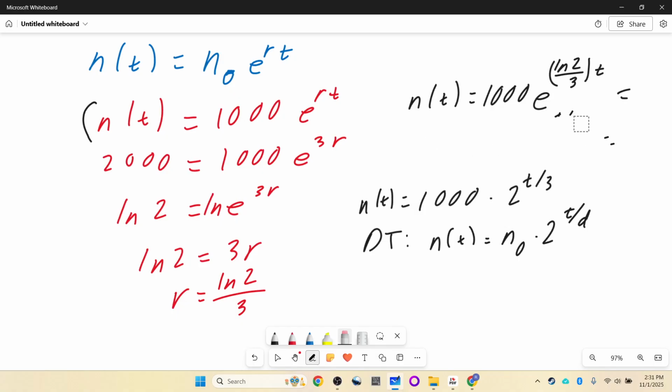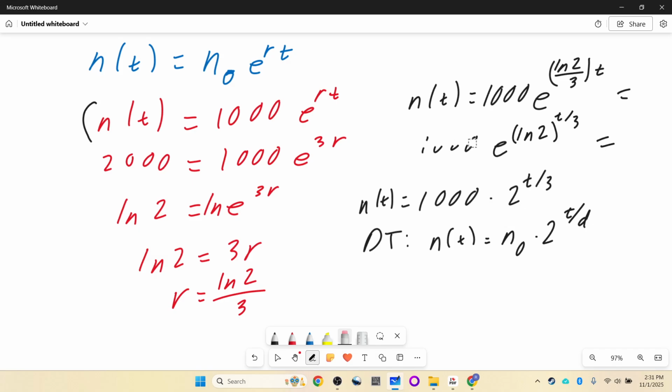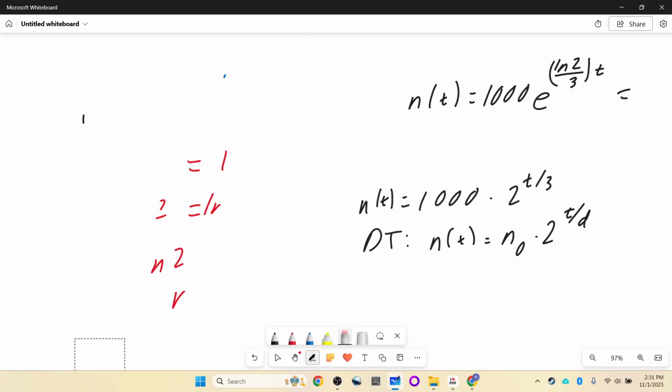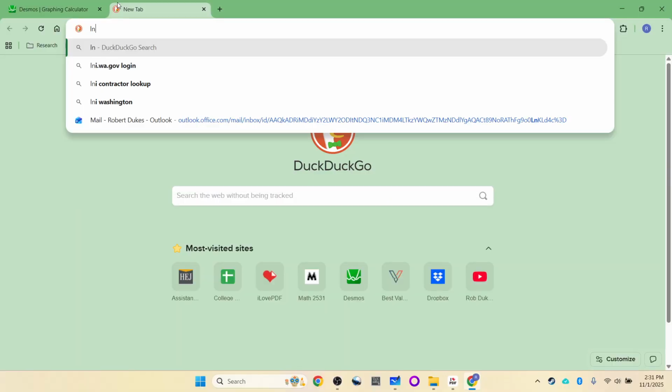If I'd wanted to use this one, in this case, I think using a decimal would make sense because you're going to have to type this into a calculator. So I could say, well, what is ln of 2 over 3? ln 2 over 3.